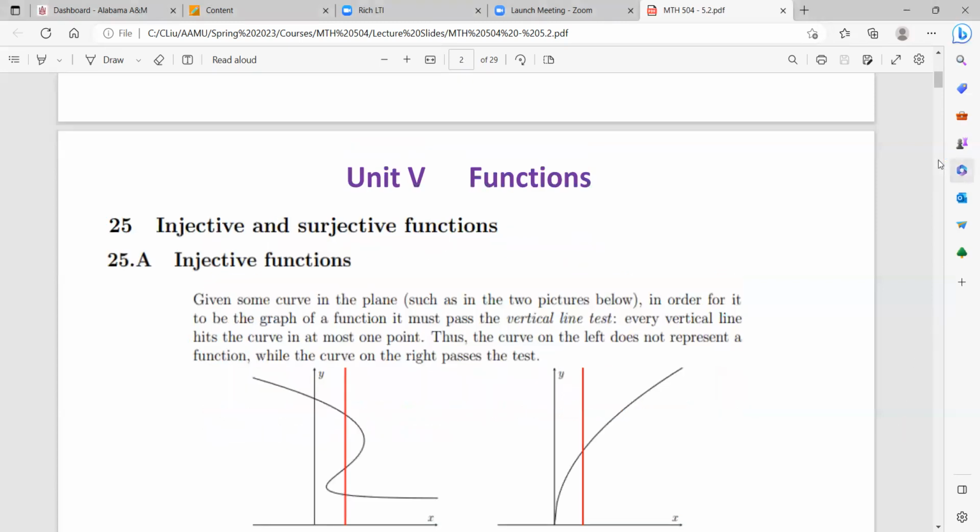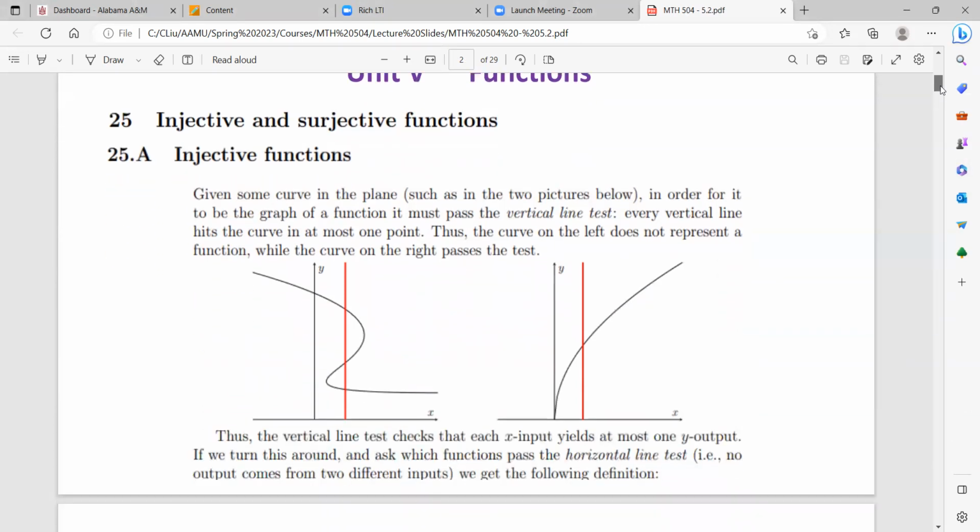So let's start from the general definition of function. You can easily determine whether a relation is a function from the vertical line test. If you draw the graph of the relation on the xy plane and you draw a vertical line, then the condition is the vertical line can only intersect the graph at most one point.